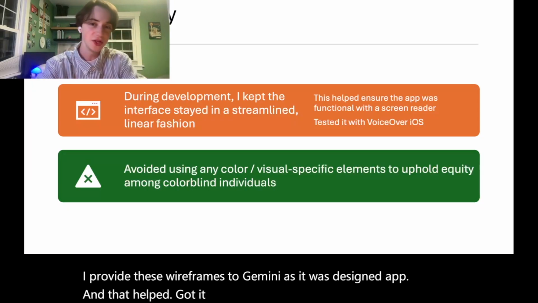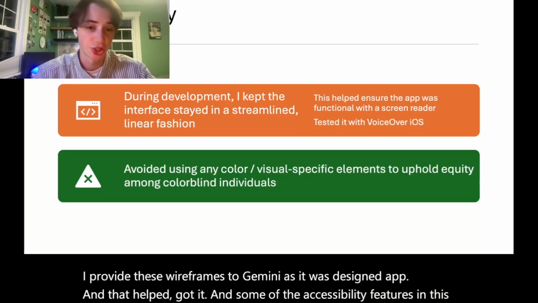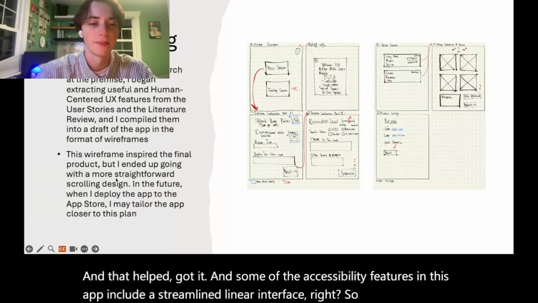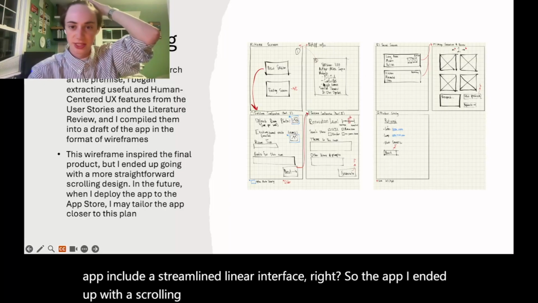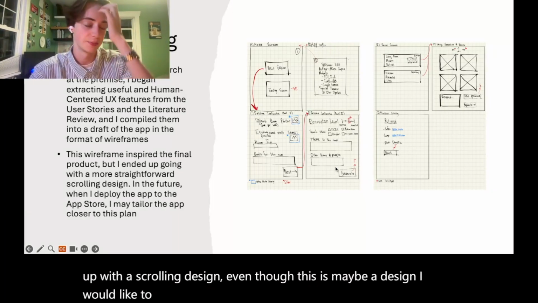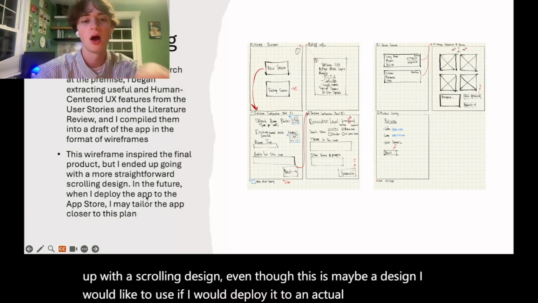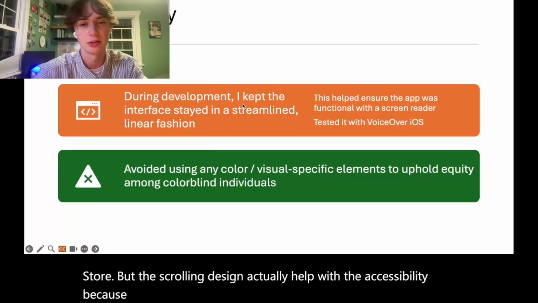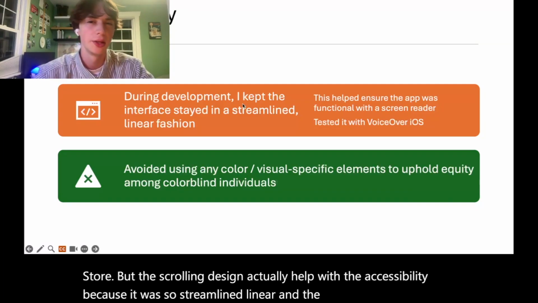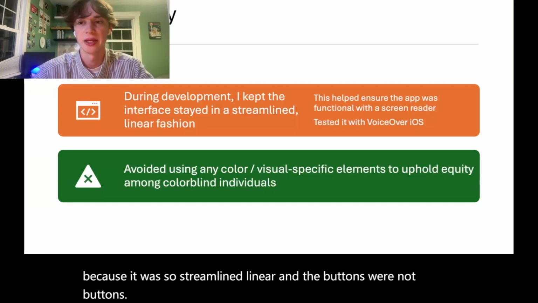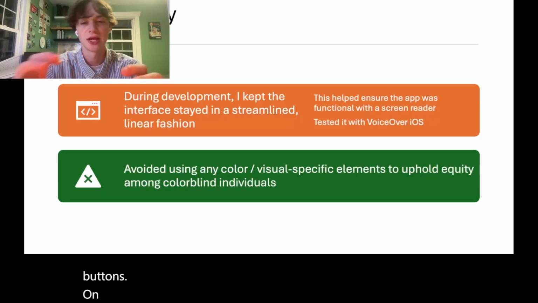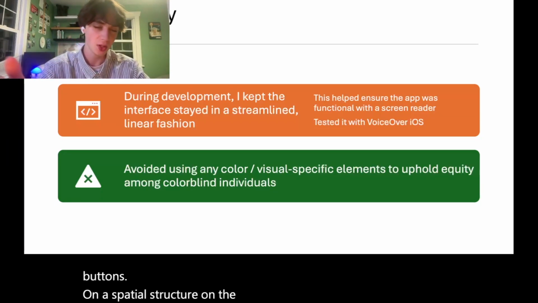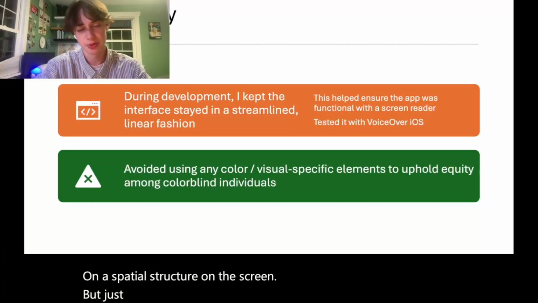And some of the accessibility features in this app include a streamlined and linear interface. So the app, I ended up with a scrolling design, even though this is maybe a design I would like to use if I would deploy it to an actual app in the App Store. But the scrolling design actually helped with the accessibility because it was so streamlined, linear, and the buttons were not buttons in a spatial structure on the screen, but just buttons in a list and inputs in a list.